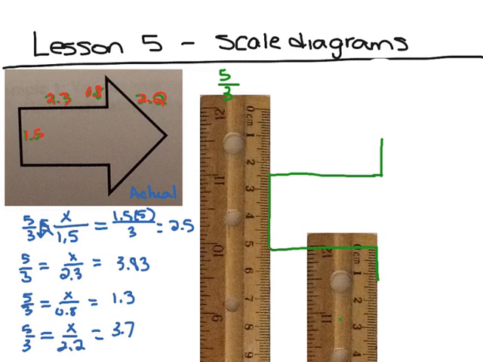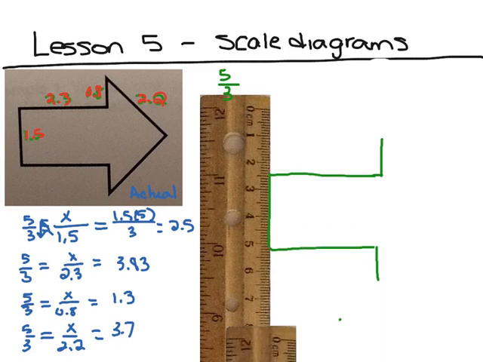Now we're going to draw on the angle. And I can't do that with my ruler, so you're going to draw going down 3.7. So measure this length and measure this length to be 3.7. So that's what it should look like once you enlarge the image.